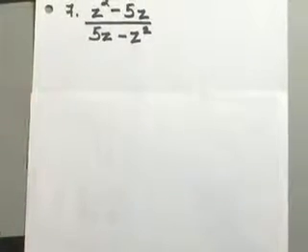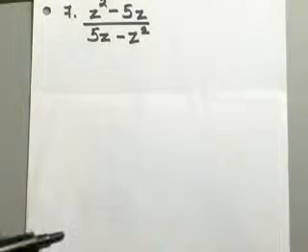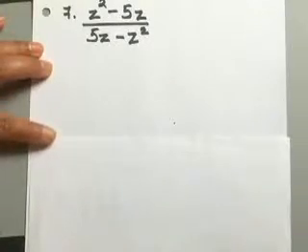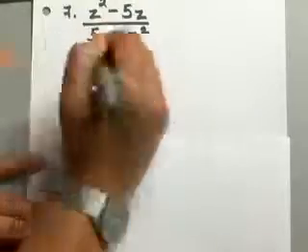Here you have z squared minus 5z over 5z minus z squared. So you can already notice that these are in different orders here. Now let's say we'll start out by factoring our numerator and our denominator.